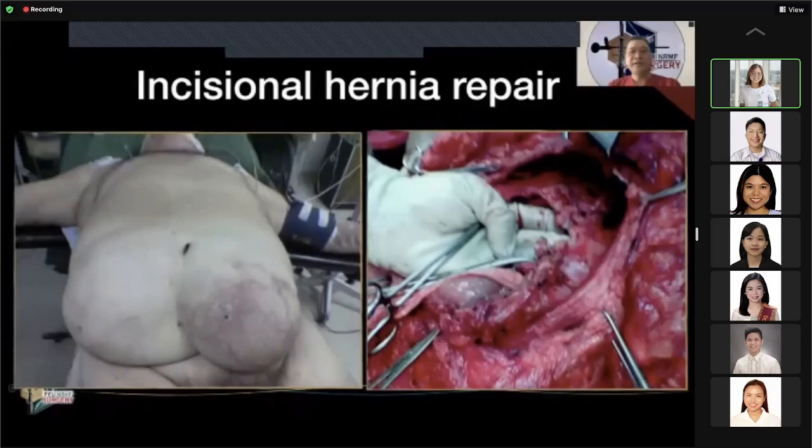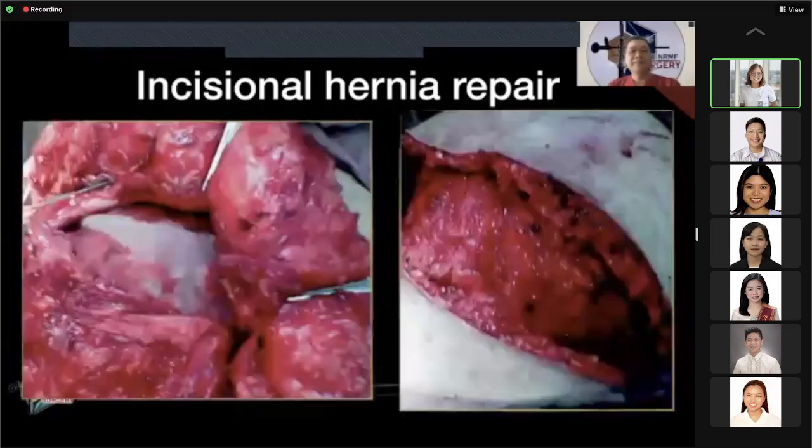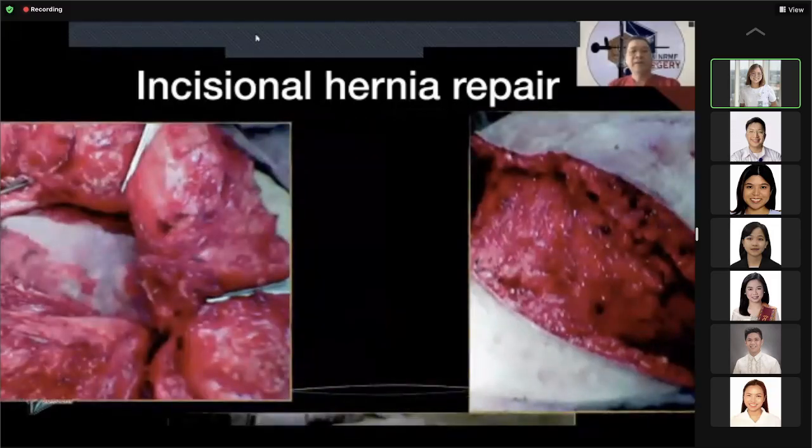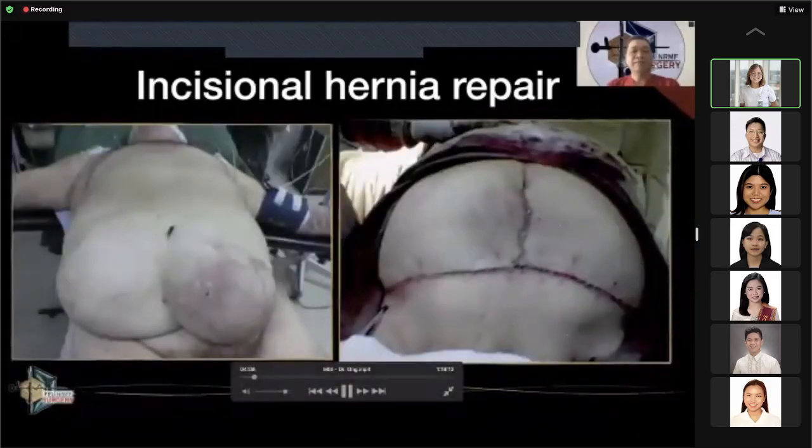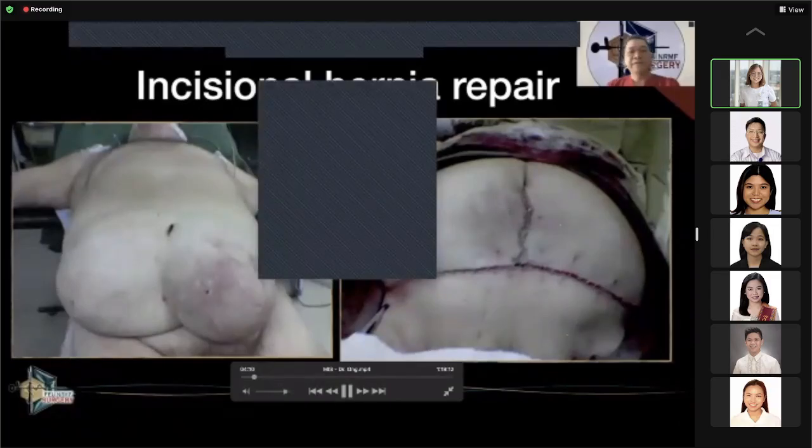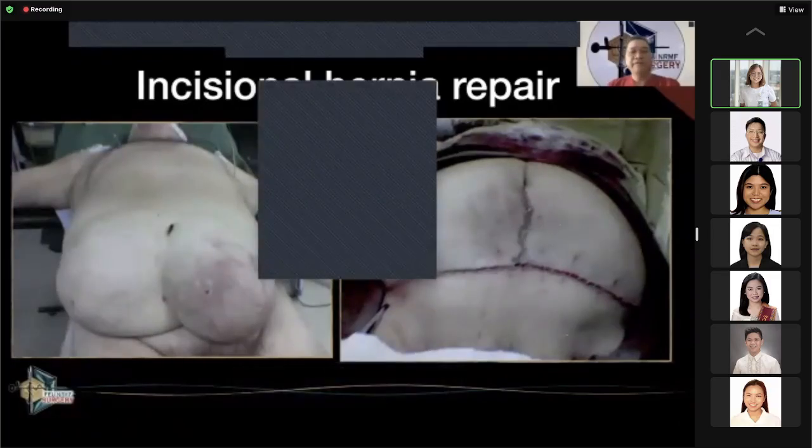You see the extent of the injury. On your right is the patient after dissection, before closure, and this is the patient after completing the surgery. We have a very long transverse incision and a vertical incision to address the problem of this patient.